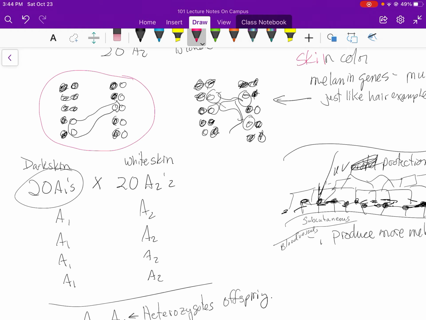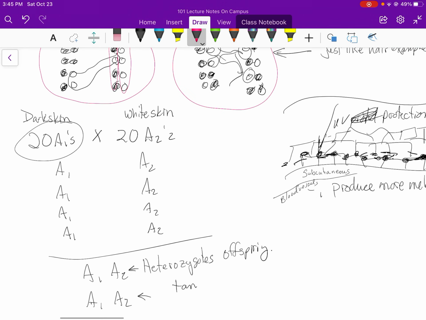You can count up how many non-melanin producing alleles they have, and this other person on this side would actually have more melanin producing alleles. And so when they inherit them, there's a possibility you could hand off all of these, but you could also hand off all of these, right? So it's a little bit tricky to know. There's a lot of chance in the game, but it is true.